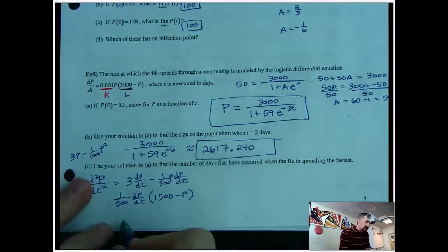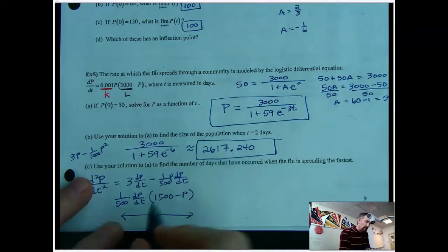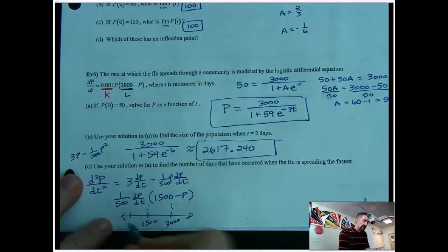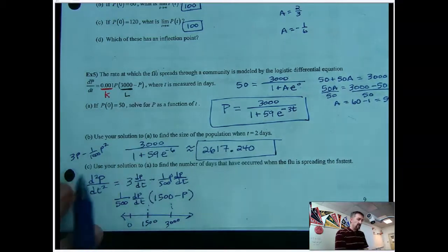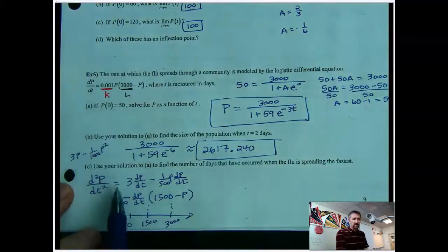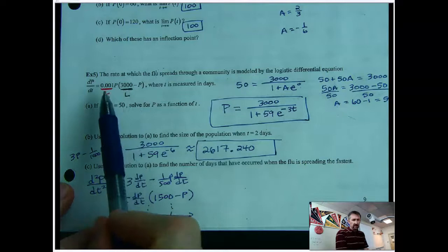Okay, so we can do a chart on that. That's going to be 1,500 here, 3,000 here. The 3,000 and the 0 come from this, because that's what dp dt equals down here. So we also have these two factors.